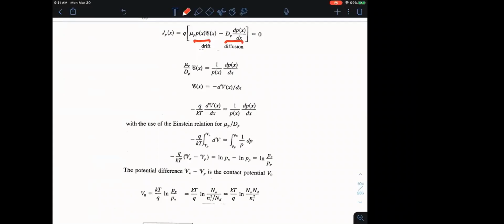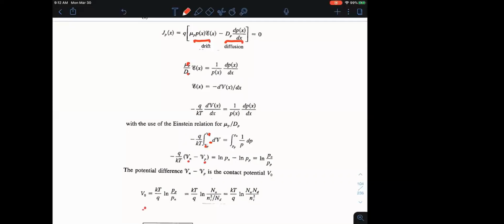And then, in simple algebra, you use the Einstein relationship, which is D over mu equals KT over Q. Electric field is equal to minus the gradient of the potential, and plugging those in and integrating from the P side to the N side, you're able to come up with an expression for the junction potential, which is the difference of the electrostatic potential on the N side and on the P side, and that gives you your V naught.